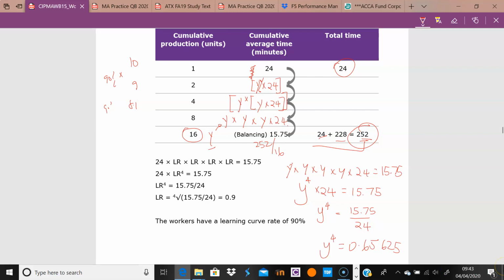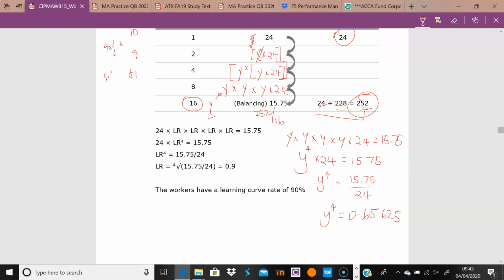So Y raised to the power of 4 is this. I'm trying to find Y, so I need to find the fourth root. It's like saying, if I said to you that Y squared was equal to 4, and I'm asking what is Y, you would say it's 2. 2 squared is equal to 4.